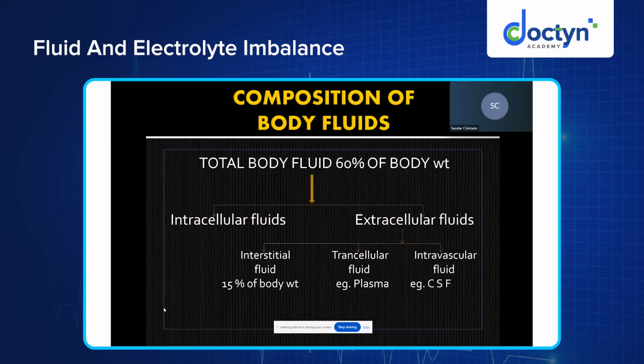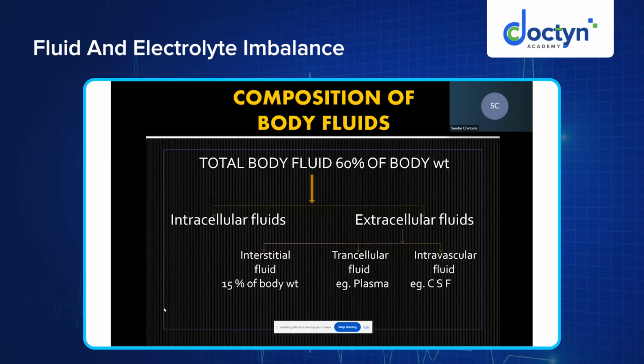Now, when we talk about the composition of body fluids, 60% of our total body weight is made up of fluid. That is further divided into intracellular and extracellular fluids.